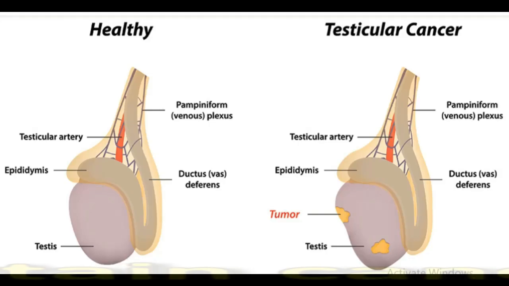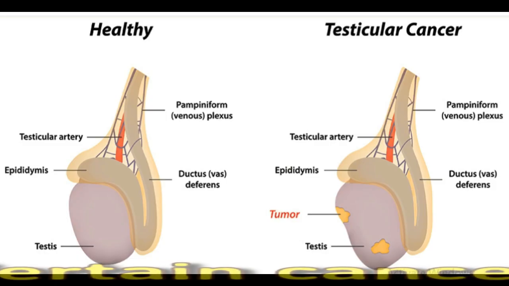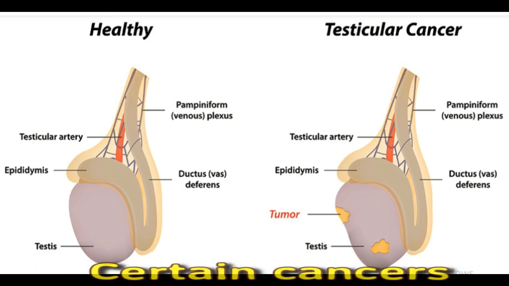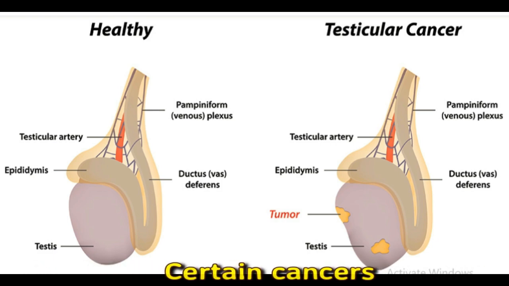Certain cancers. In rare cases, swollen lymph nodes in the groin can be a sign of certain types of cancer that affect the area. The types of cancer may include testicular cancer, ovarian cancer, uterine cancer, melanoma, if it affects the lower body.